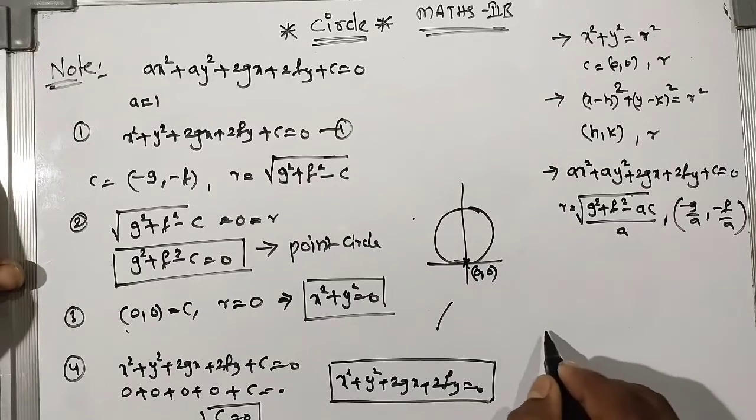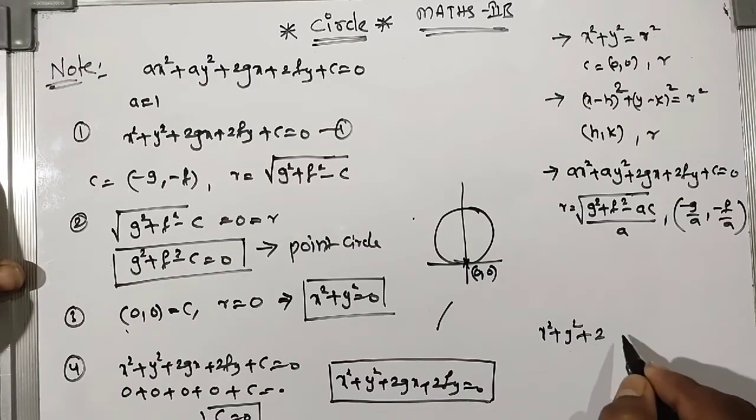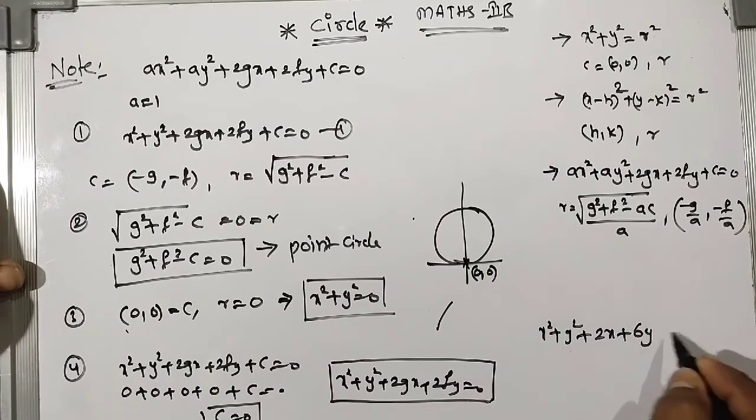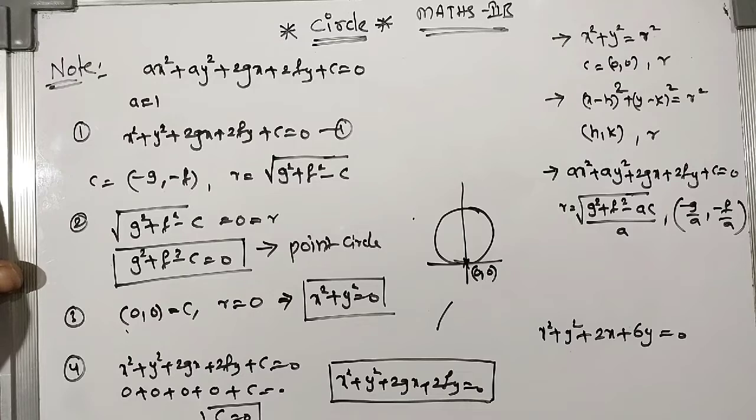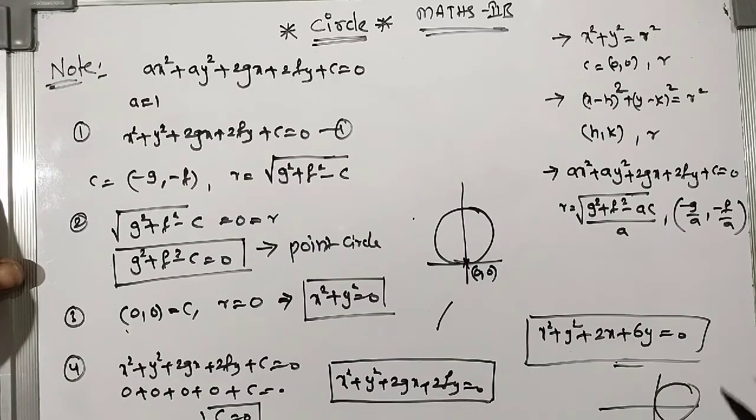Example, I will take here: x square plus y square plus 2x plus 6y is equal to 0. You can see that directly c is absent, there is no constant term, that's why this circle goes through the origin like this. In that way you can identify that if c is absent, then the circle passes through the origin.